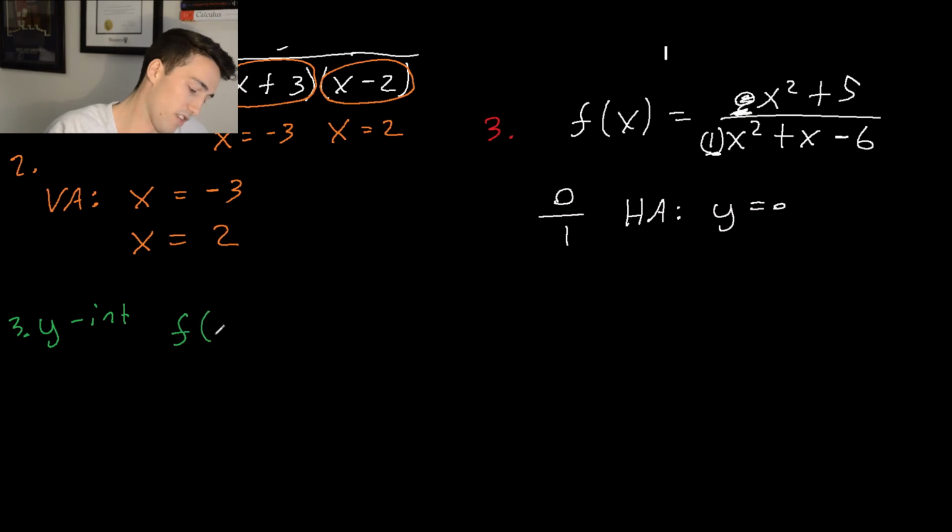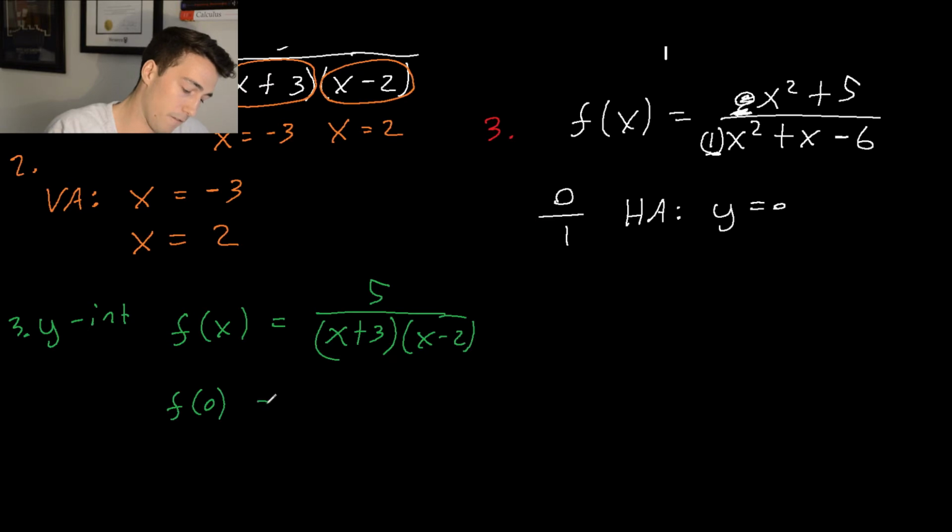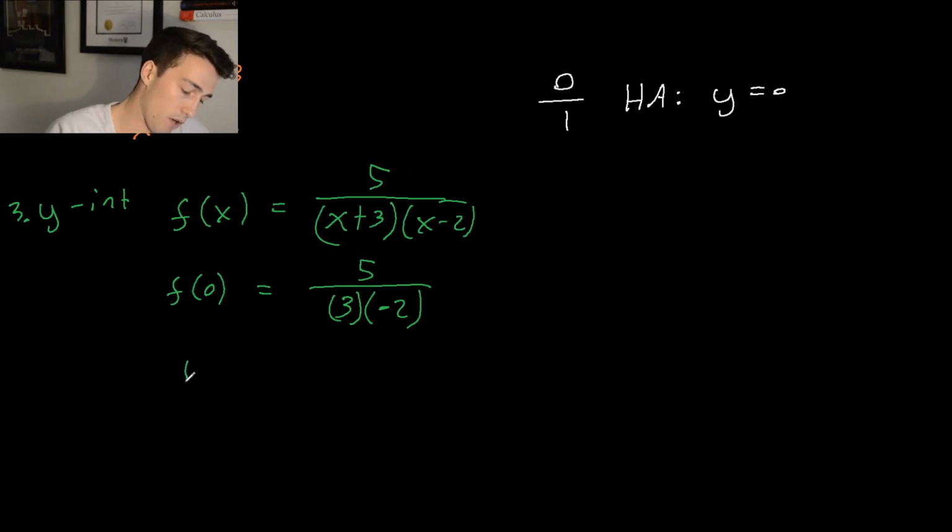This is where we just take the function and we set x to equal 0. So it's going to be x plus 3 and then x minus 2. If I just put in f of 0, I'll get 3 in the denominator multiplied by negative 2. So I'll get a point: f of 0, comma 0, is going to be 5 over negative 6.